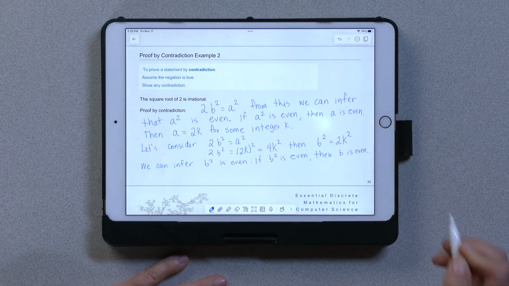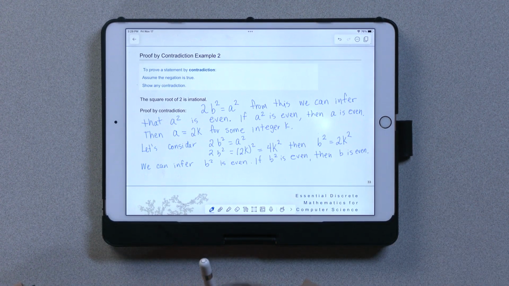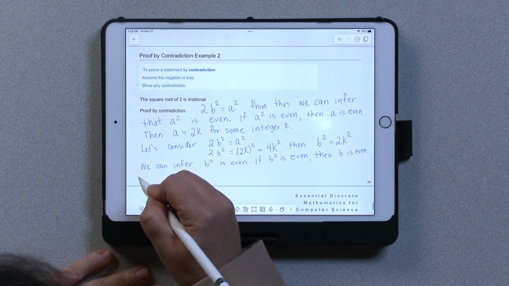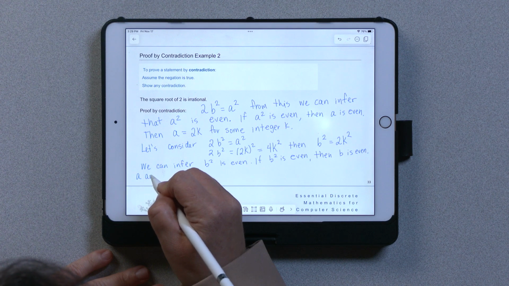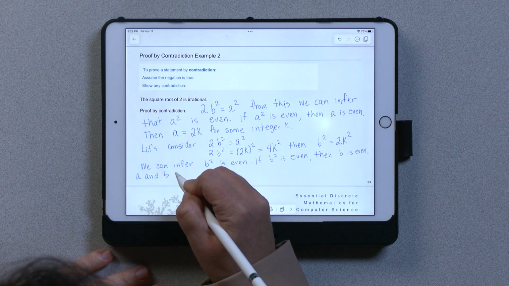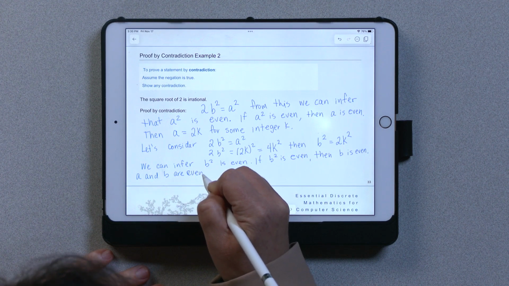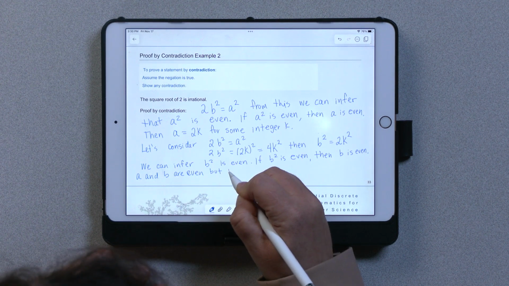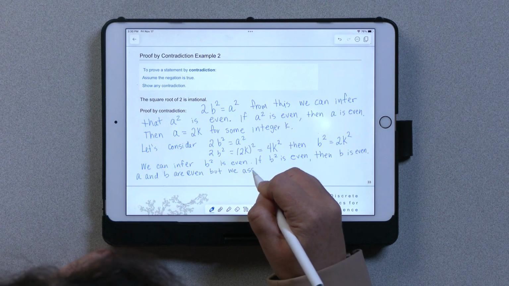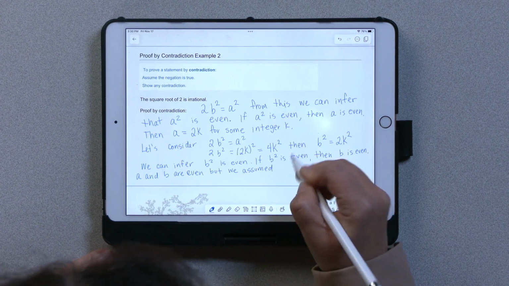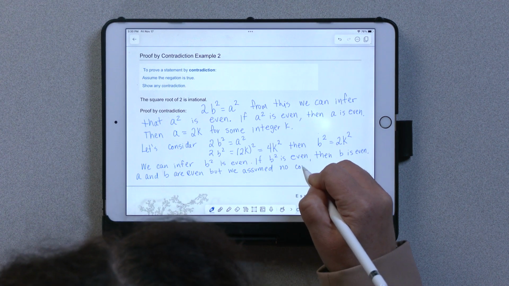And for that inference, we're just using the same theorem where a number squared is odd if and only if the number is odd. So we actually have a problem, because a and b are even, but we assumed no common factors.